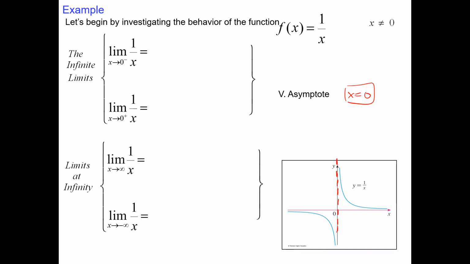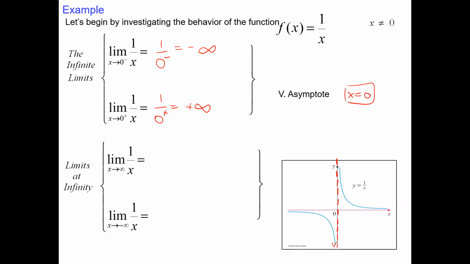As x is approaching 0 from the left and from the right, we will have 1 over 0, small number negative, 1 over small is big, but negative. We may notice the function is going down on the left-hand side. On the right-hand side, 1 over a small number is a big number, infinity. We have infinite limits. This results in the vertical asymptote.